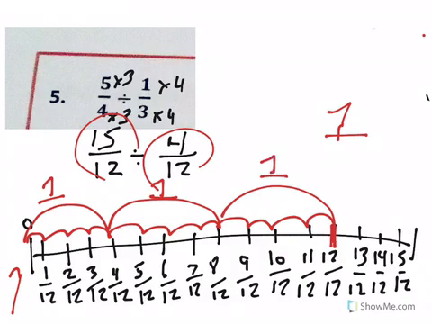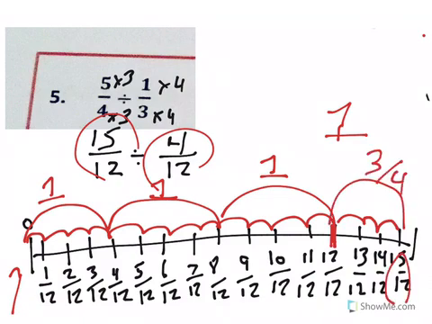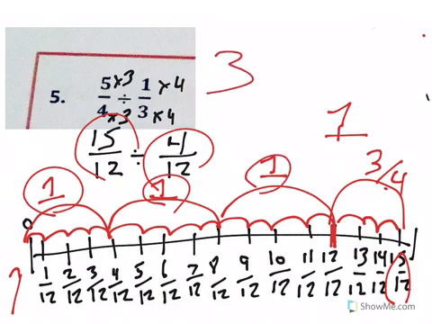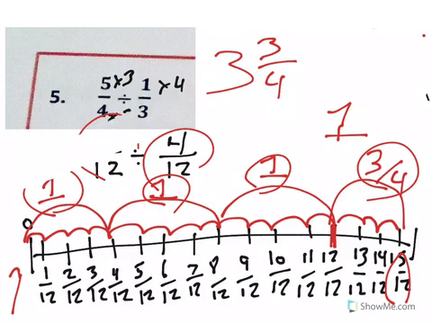That's one set of 4/12. 1, 2, 3. Now, I could keep going, but I don't need to because 15/12 is where I'm going to stop. So that is 3/4 of my next set, right? I only went 3 instead of going 4. So if you'll notice, 1, 2, 3 wholes, 3/4 would be my answer there.